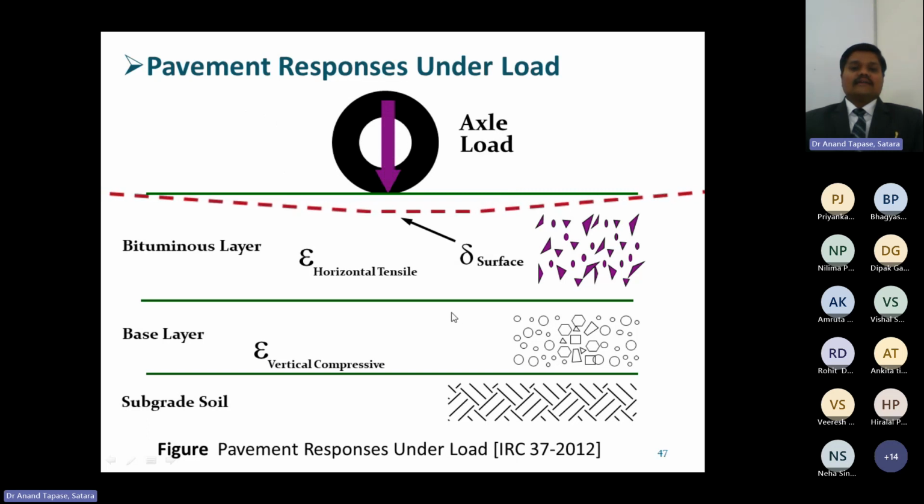Due to that, horizontal tensile strain develops at the bottom of the bituminous layer. And the third thing is the development of vertical compressive strain at the top of the subgrade. These two are the vital parameters for designing a flexible pavement.